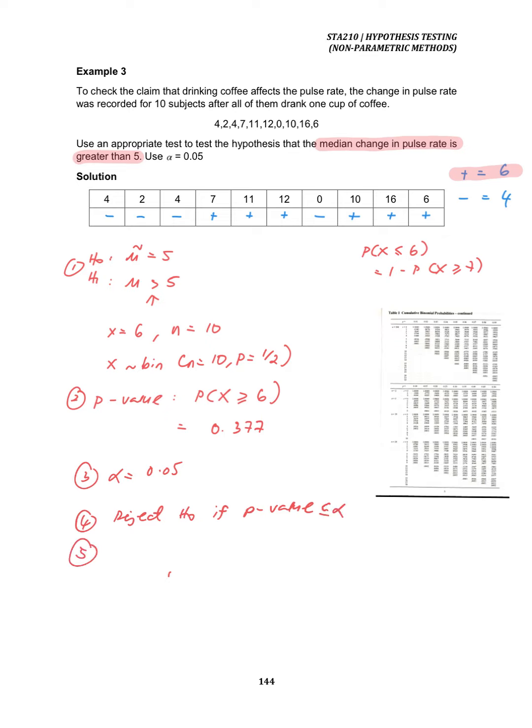Okay, so since 0.377 is greater than 0.05, then we fail to reject H0. So when we fail to reject H0, meaning that median equals to 5. Okay, median change in pulse rate is not greater than 5. It was equivalent to 5. Okay.